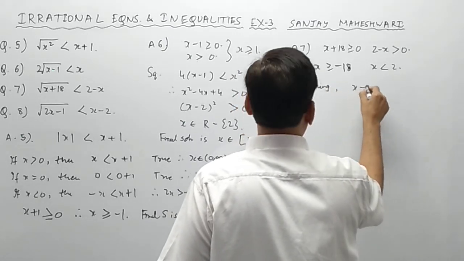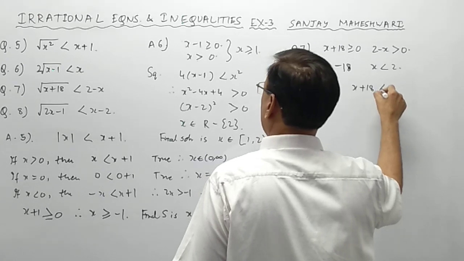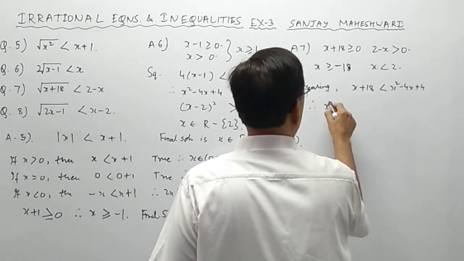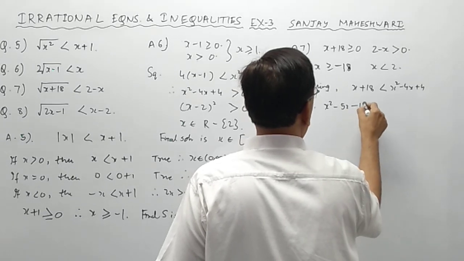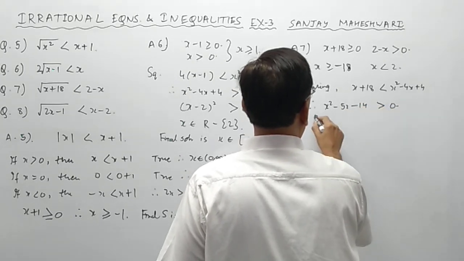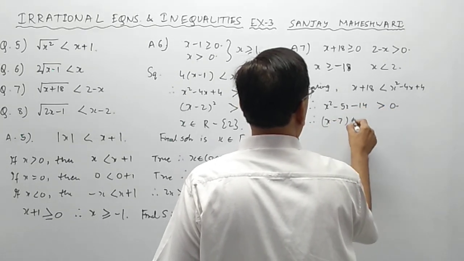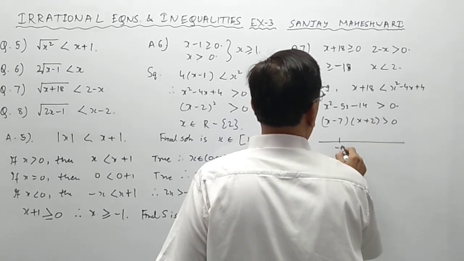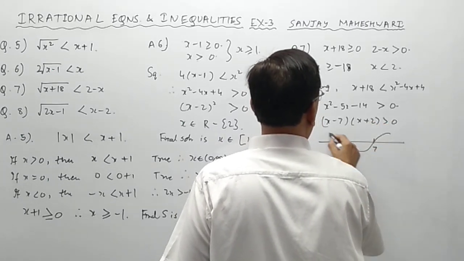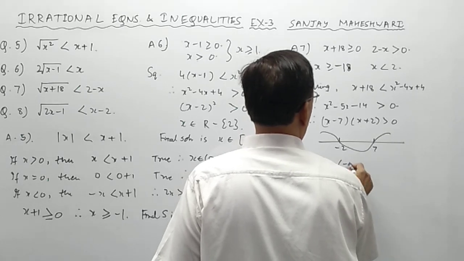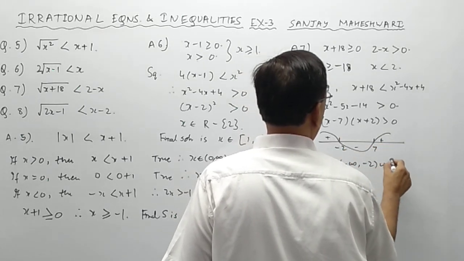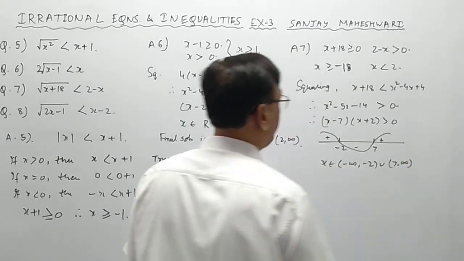Squaring we get x plus 18 less than x square minus 4x plus 4. Therefore, x square minus 5x minus 14 is greater than 0. Therefore, x minus 7, x plus 2 greater than 0. Minus 2, 7. X belongs to minus infinity to minus 2 union 7 to infinity.